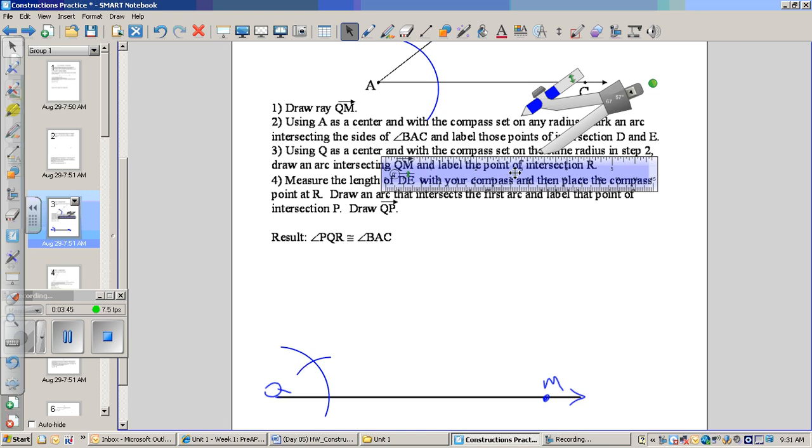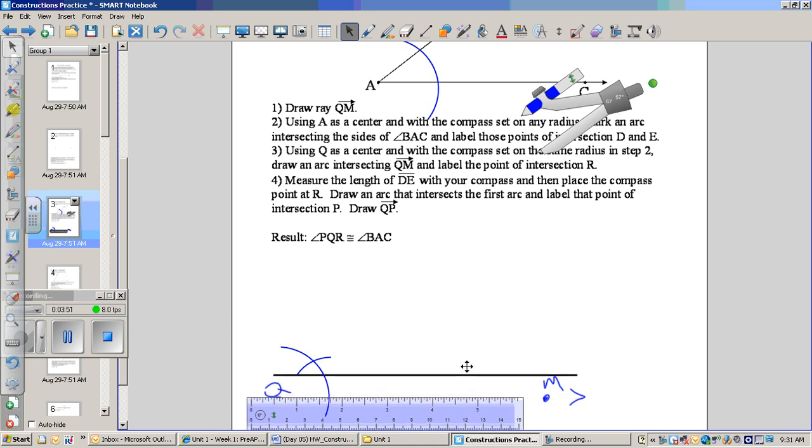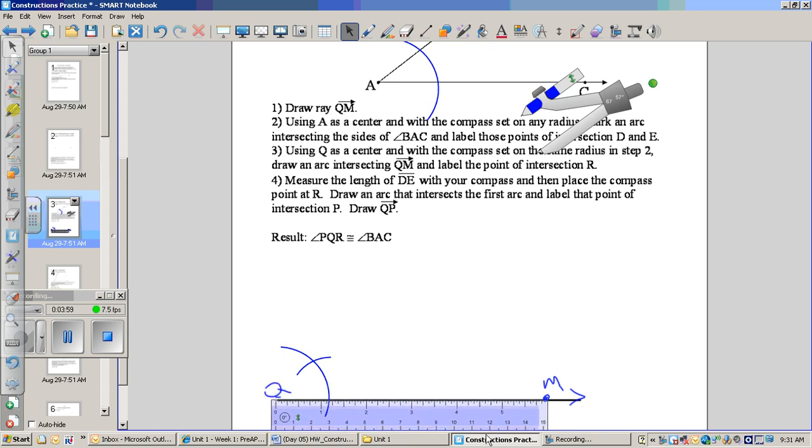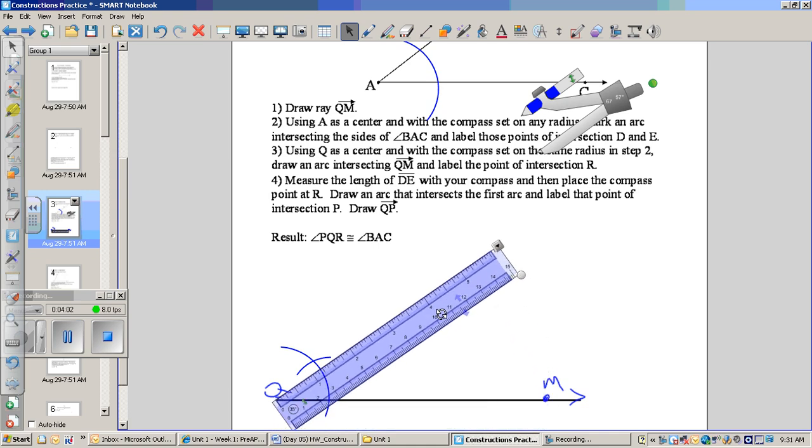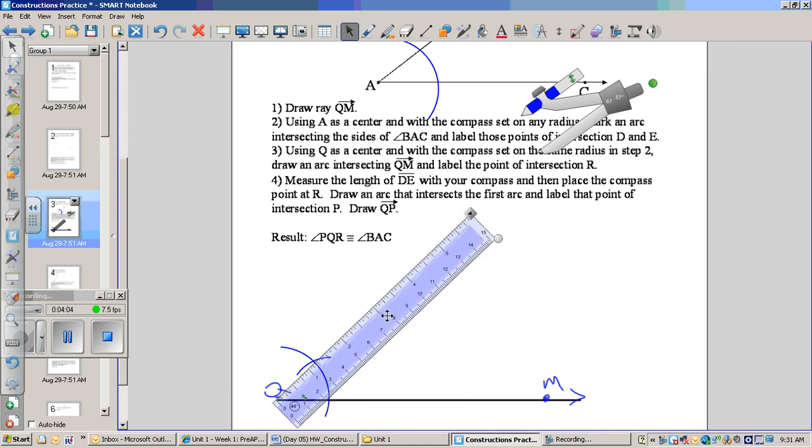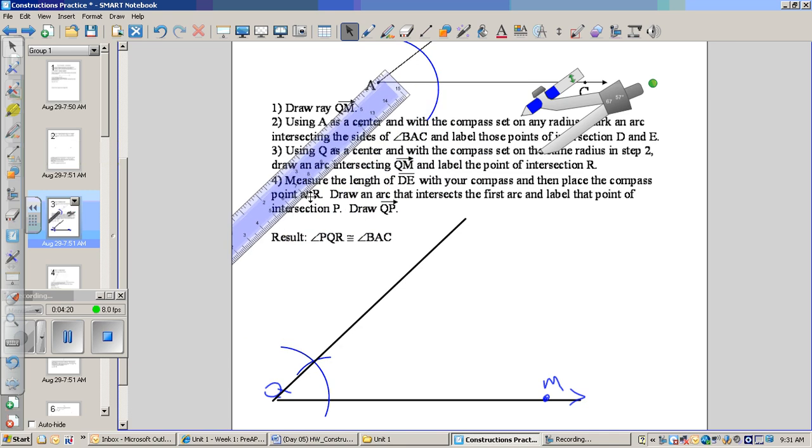Use your straight edge and connect those two points, point Q and your intersection point. And now you've copied your angle.